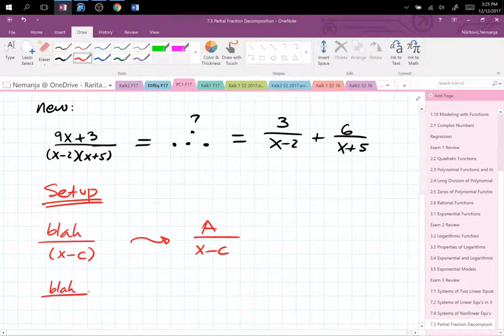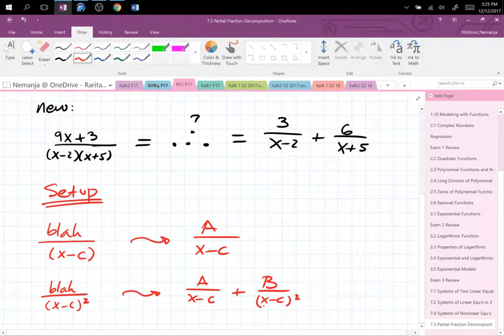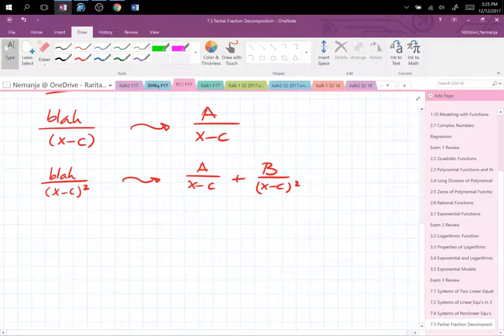Again, numerator doesn't matter, so I'll put blah. And then I have (x minus c) squared, which is repeated. Well, that's going to be A over x minus c plus B over (x minus c) squared. Again, this is a setup. We are going to see exactly how this is used. Two more, so there are 4 of these guys.